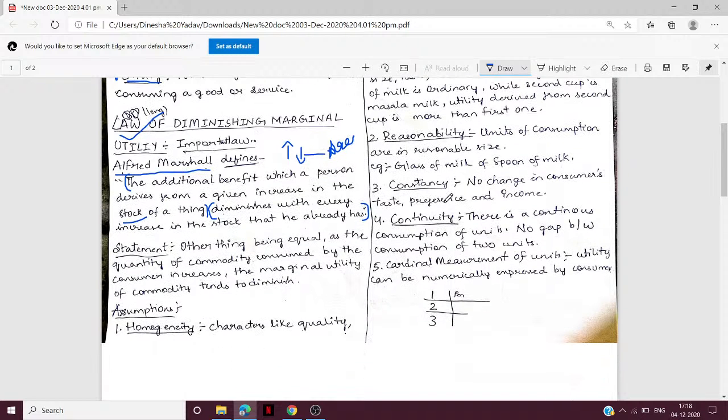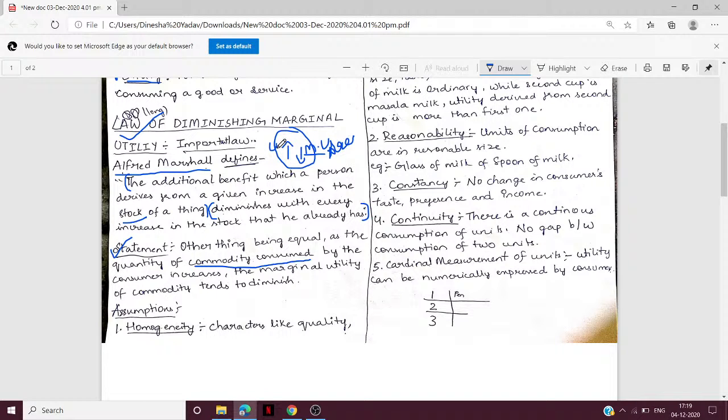Next, after the definition, we will have the statement. What is that? Other things being equal, as the quantity of a commodity consumed by the consumer increases, the marginal utility of the commodity tends to decrease.